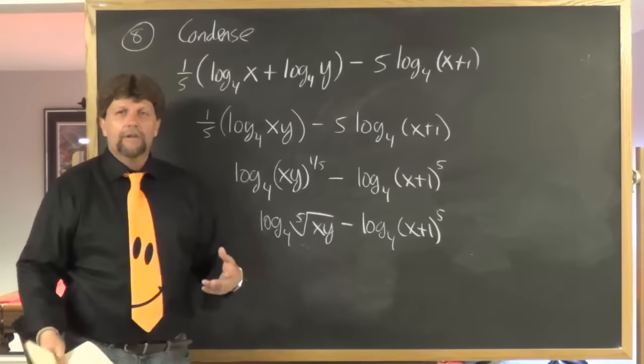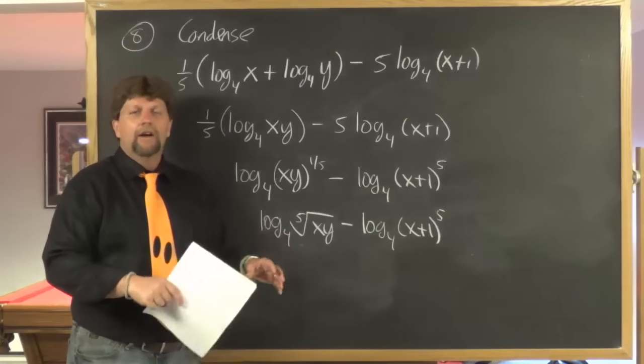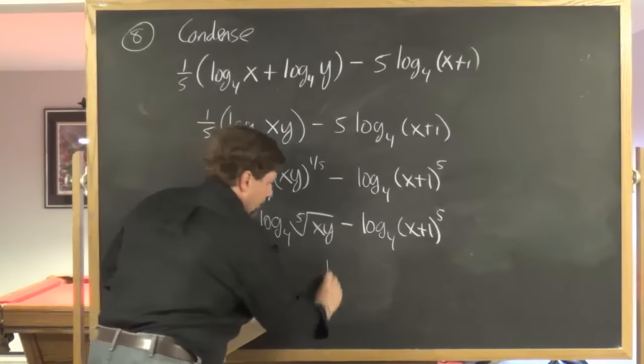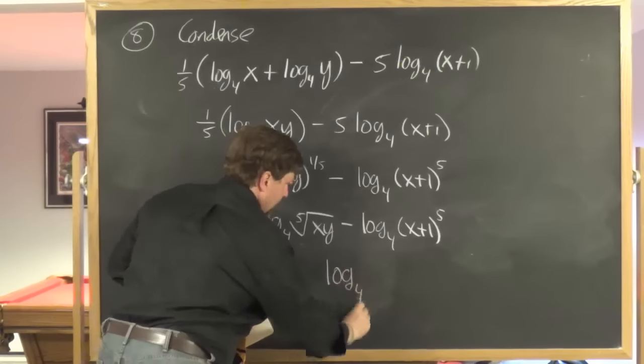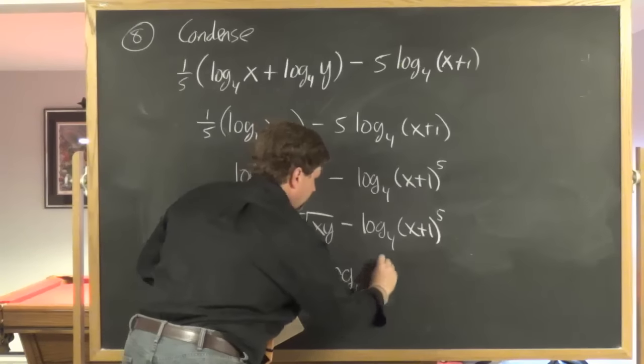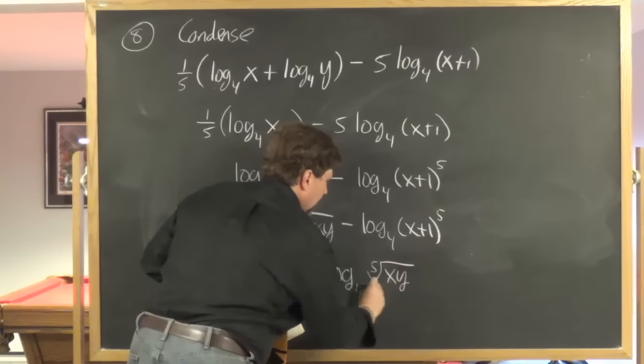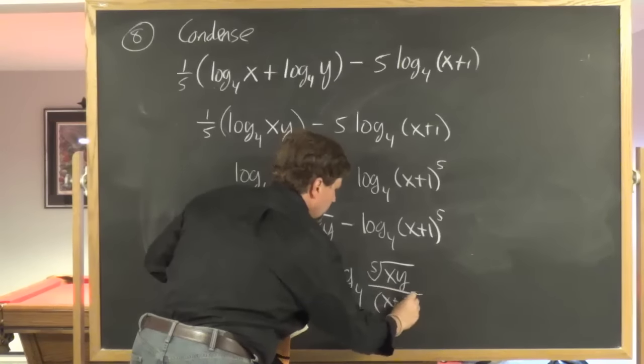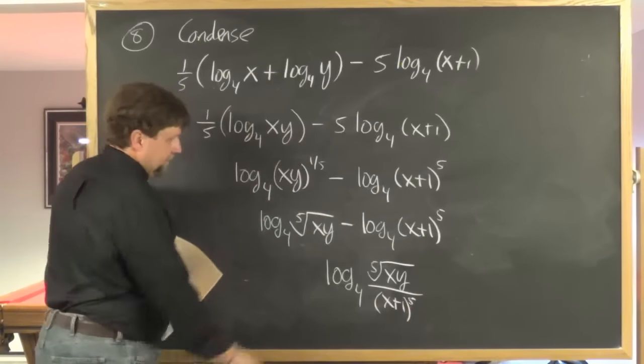There's a law of logarithms that says when you have a log minus a log, you could rewrite that as a division. So I would get log base 4 of the 5th root of xy over x plus 1 to the 5th power.